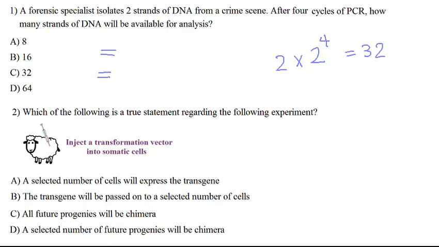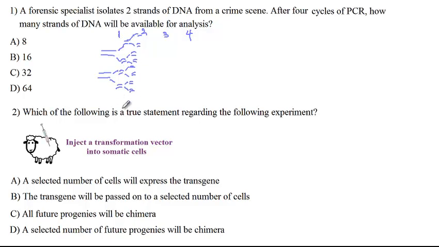And if you'd like me to draw it for you here, we have 2 strands. Via the PCR, they will now become 4 strands. And then in the next stage, they become 8 strands. So this is our first cycle, second cycle, third cycle, and fourth cycle.